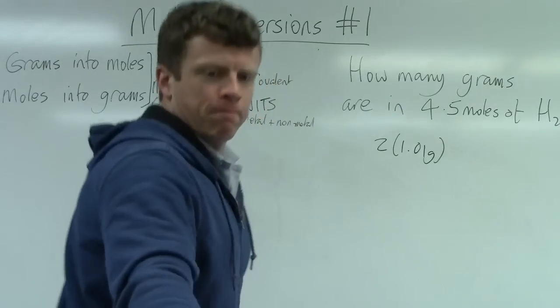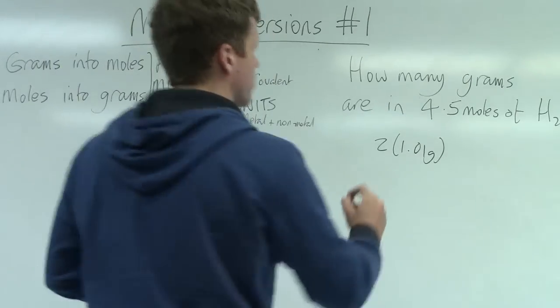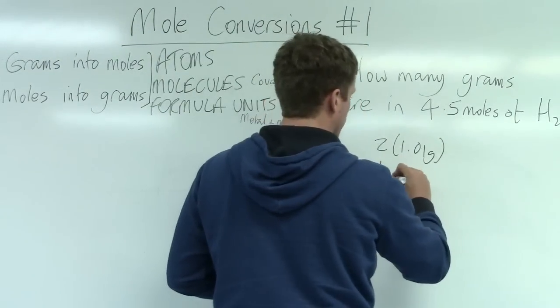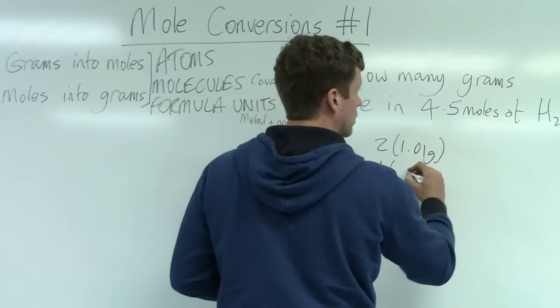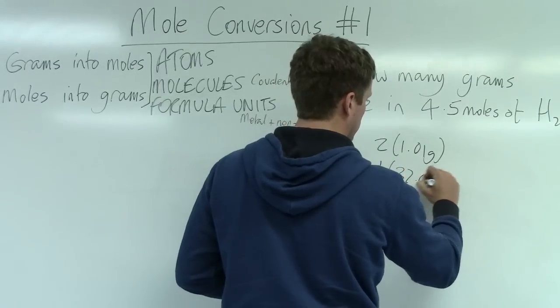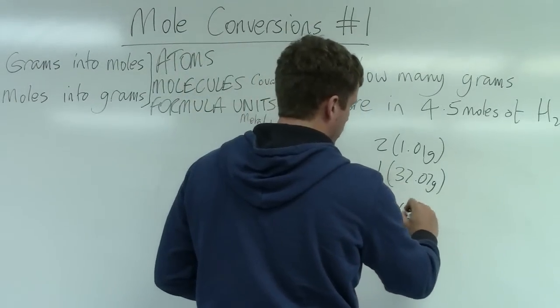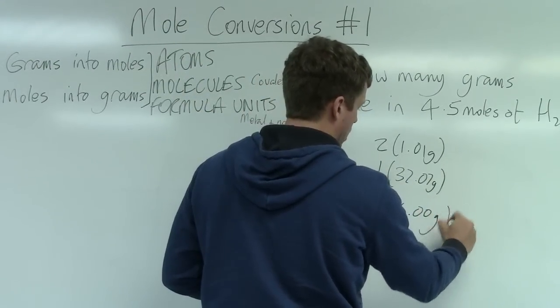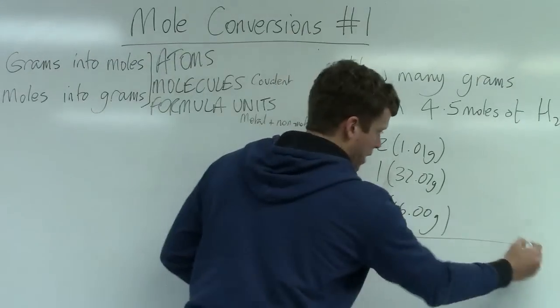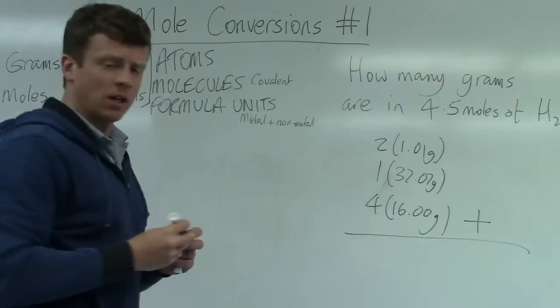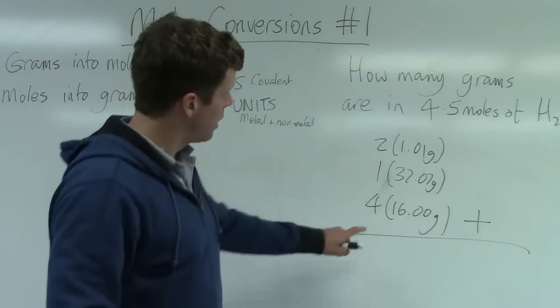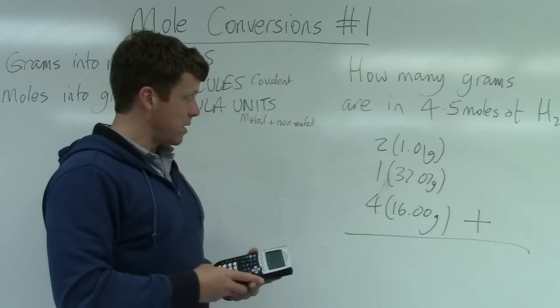Sulfur is 32.07. I've only got 1 of those, so 1 times that. I've got 4 oxygens, which is 16 times 4. I'm going to add all that up. And that's going to be 4 times 16 is going to be 64.